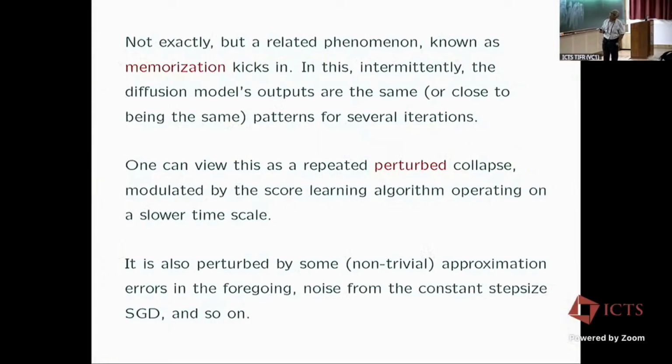The phenomenon they observe again has a different name. They call it memorization. You keep seeing the same image or some near clone of it for a while before something else happens. Some long patches of repetition.